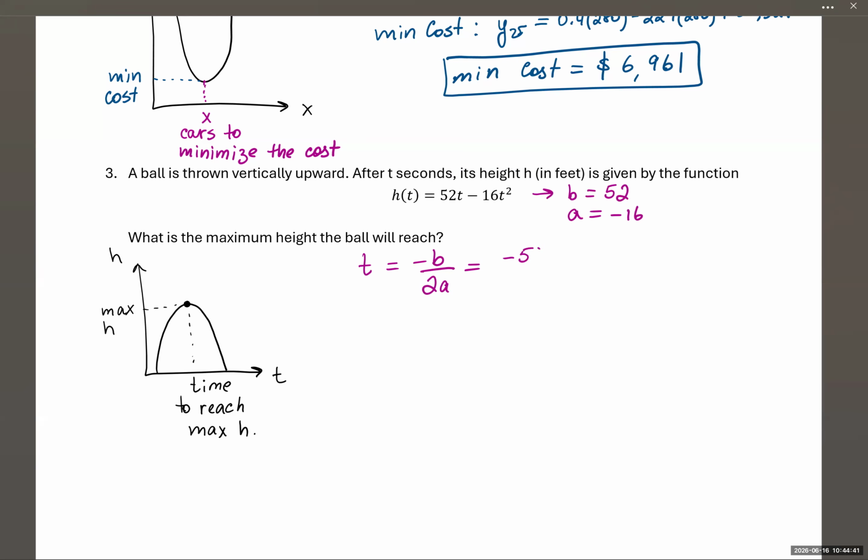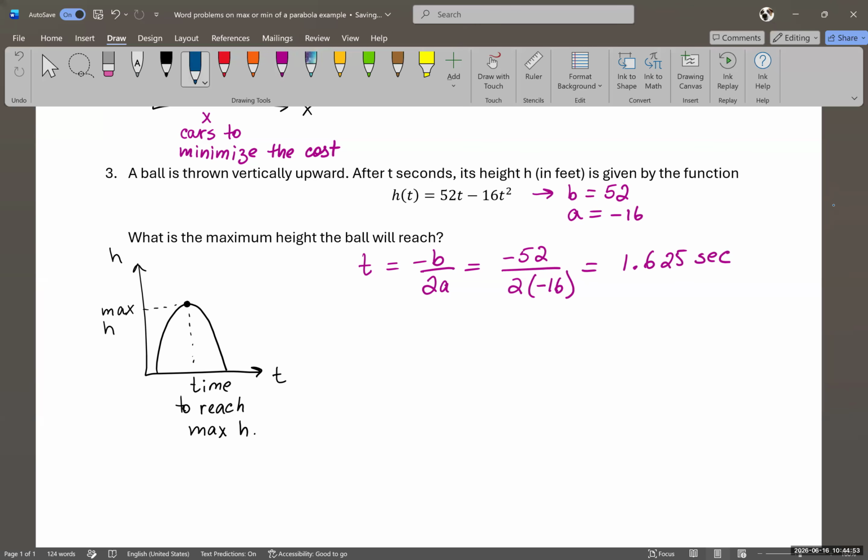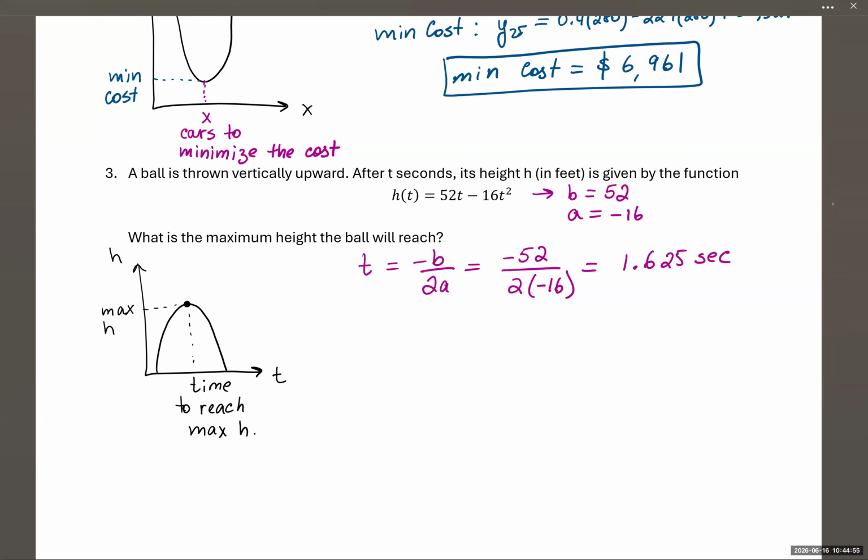So minus 52 divided by 2 times negative 16. That is 1.625 seconds. Now, do not box it in. This is an intermediate result. We are not stopping here, we're actually continuing. Please don't truncate any of the numbers either. This will lead to calculation errors.